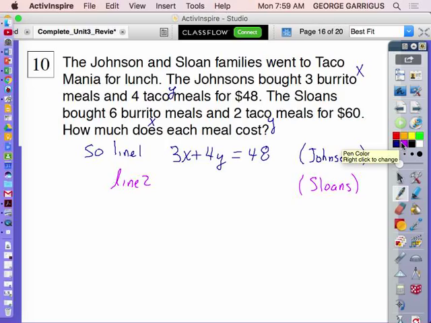So again, burritos were x, and the Sloans went 6x, change that to purple, 6x plus 2 taco meals, y, equals $60. We have a system of equations. If we want to eliminate, multiplying by 2 is easy, so let's multiply line 2 times negative 2.